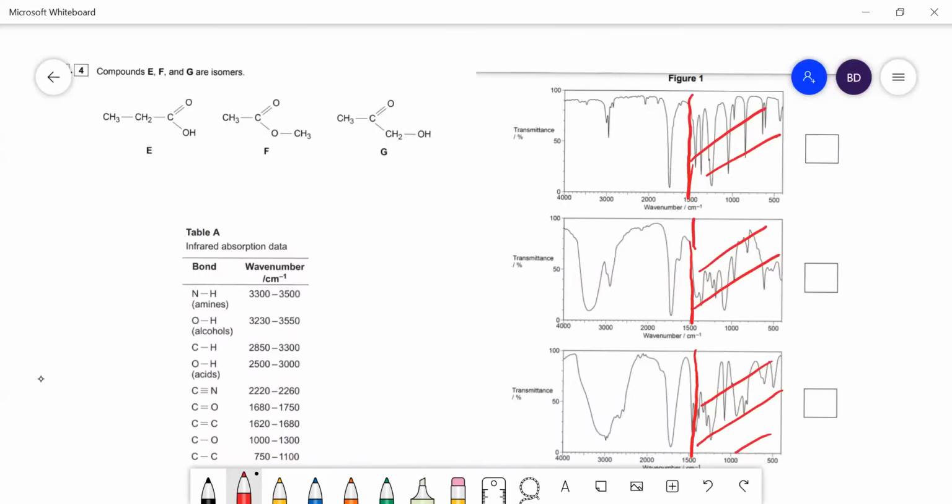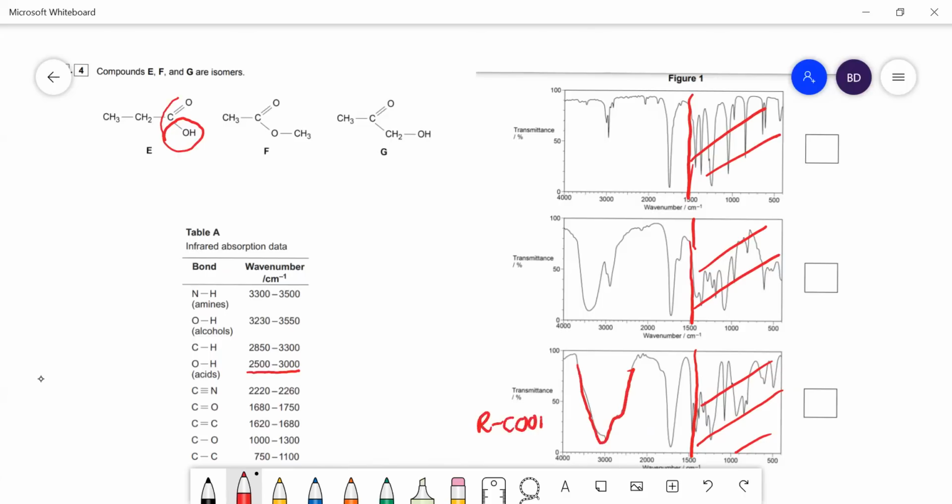Right, now let's look at E. E has a carboxylic acid OH. Now, carboxylic acid OH are always very broad, and they are to the left of the alcohol one. This very broad peak here is extremely characteristic, that is definitely got to be the carboxylic acid.